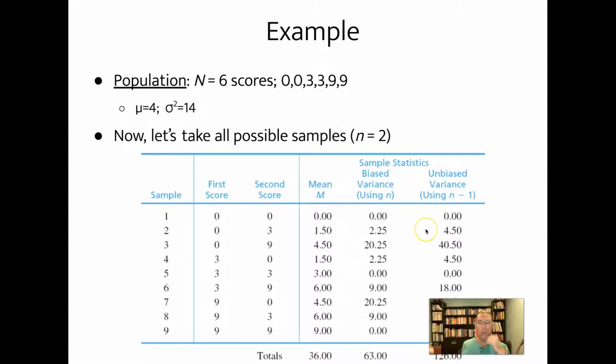And partly how we know it works is because when you take all the possible samples, the average of all the sample variances is the population variance, just like the average of all the means is the population mean. And that's when we use n-1 in the denominator. So again, watch this video on that to get more detail.